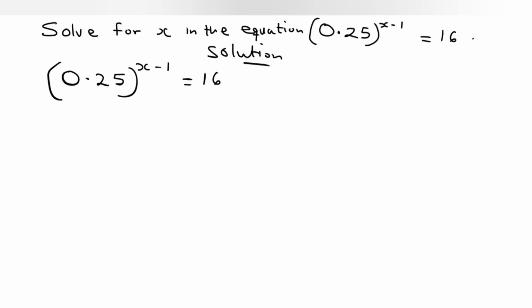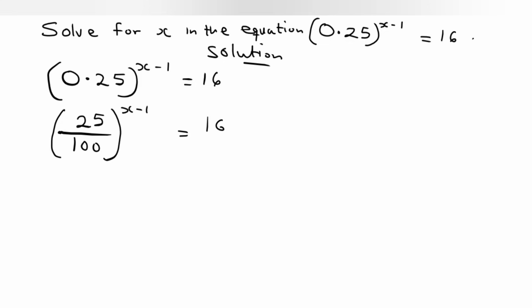Alright, so I will begin with the numbers inside the bracket. This decimal number, I'm going to change it to fraction first of all. So changing the 0.25 to fraction, I will have 25 divided by, so after point I'm having 2 digits, so I'm going to divide it by 100. So everything raised to power x minus 1 equal to 16.